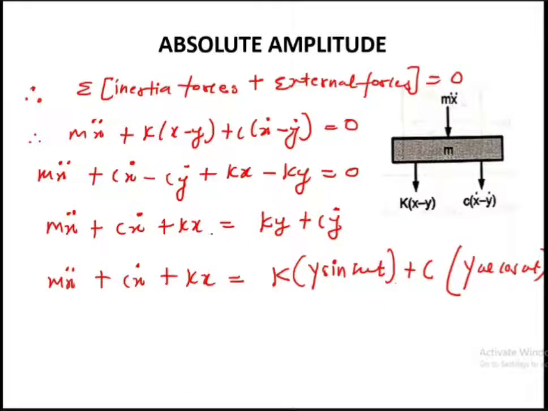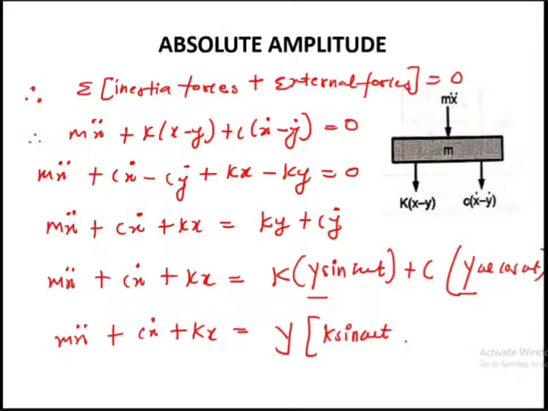Okay, so this is what I am getting. Now from this you can remove this Y as a constant. So I am getting this equation as m x double dot plus c x dot plus k x is equal to capital Y, constant, times k sin omega t plus c omega cos omega t.